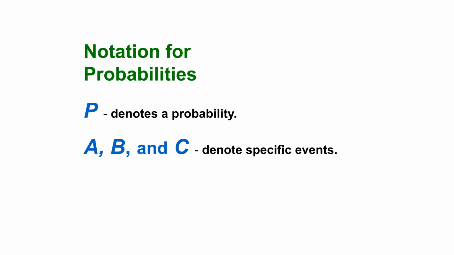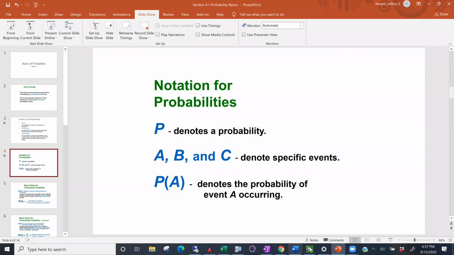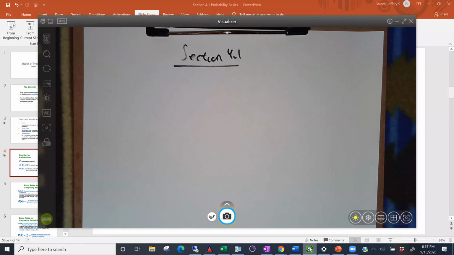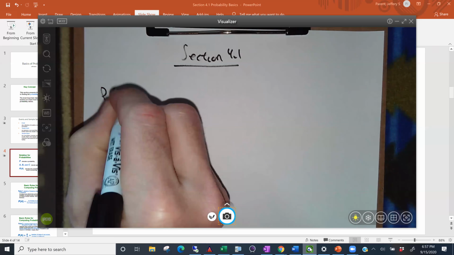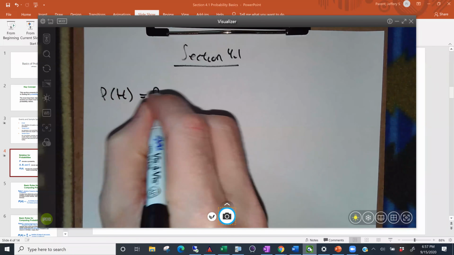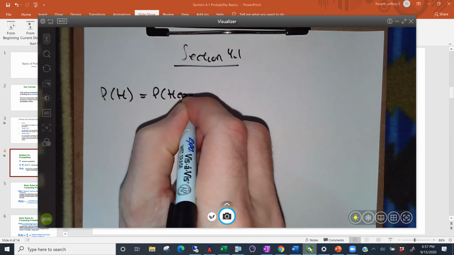Now we need some notation to describe these things. It's going to start out with P for denoting a probability. But the probability of what? Well, A, B, or C. These are going to be specific events. So, for instance, a lot of times I'll just write down a letter, probably an H, or maybe I'll actually write it out, probability of the heads.